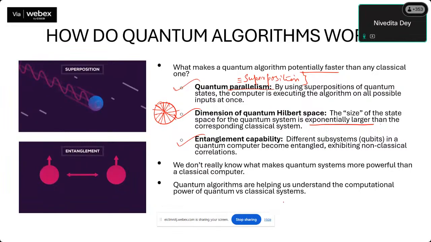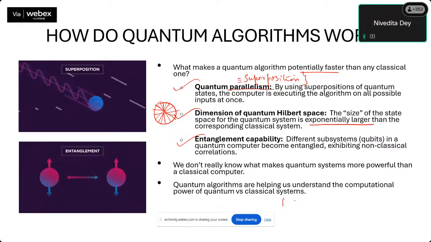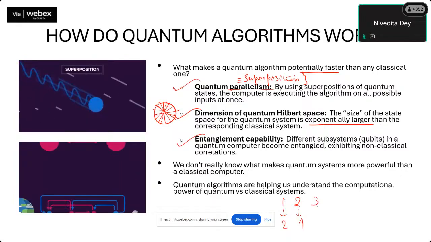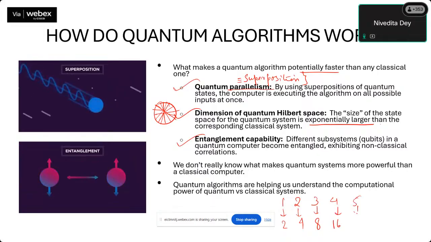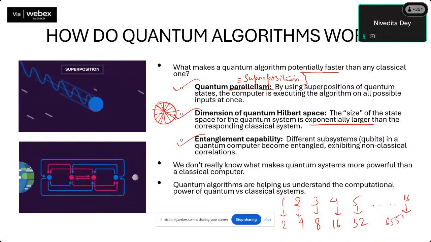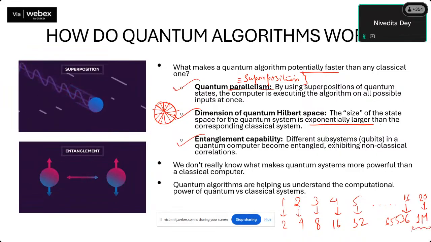Exponentially means if you have a 1 qubit system, or you can have a 2 qubit. So 1 qubit has 2 states, 2 qubits have 4 states, 3 qubits have 8 states, 4 have 16, 5 have 32. Likewise, 16 qubits only have 65536 states. 20 is exactly 1 million, those many quantum states.